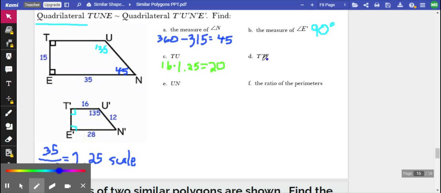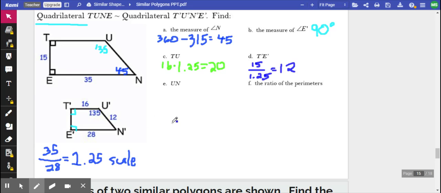Next, we have T prime, E prime. We have a 15 over here, so we just need to do 15 divided by our scale factor to get the smaller of the pair of sides. And 15 divided by 1.25 is equal to 12. Finally, the missing side that we need is UN.